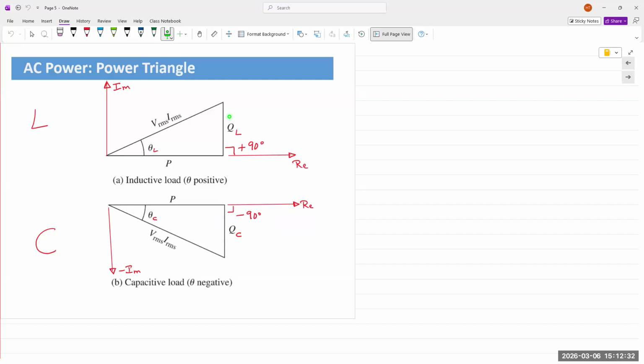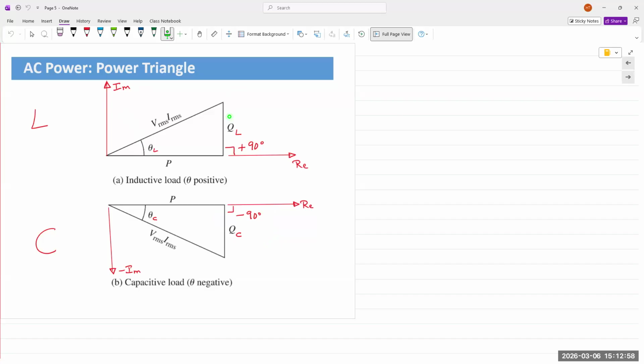Now, you see that the requirements of the reactive power determine the power angle, right? The larger the value of Q, the bigger the angle. If it's a purely inductive load, it's pointing straight up, it's 90 degrees. If it's purely capacitive, it's minus 90, pointing straight down. We want this angle to be as small as possible.